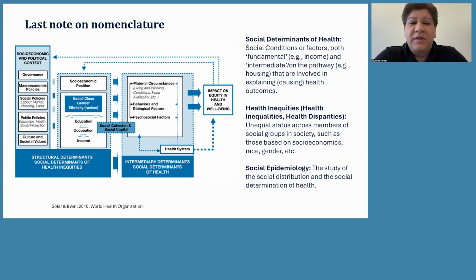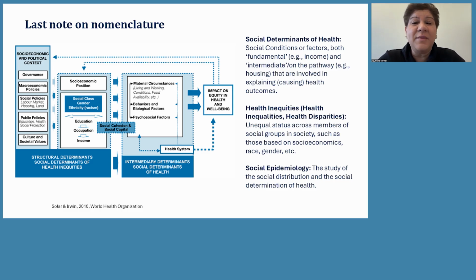I just want to end with a last note on nomenclature and terms that we hear a lot. So, very often we hear the term social determinants of health. Sometimes we hear societal determinants of health. I often use social conditions or social factors. And I think that for me, the issue is that you want to convey that they aren't just singular indicators, but they are indicators of a set of social conditions and processes.